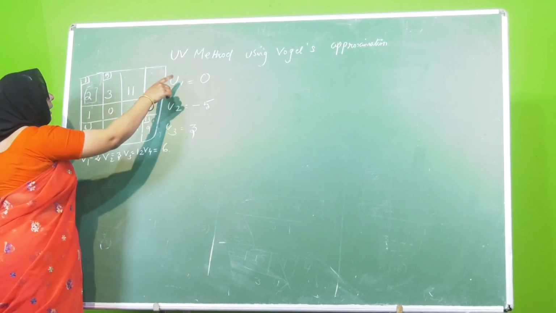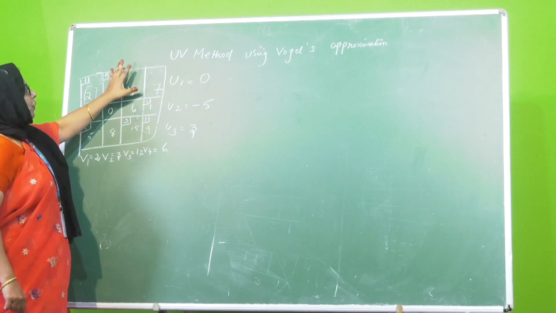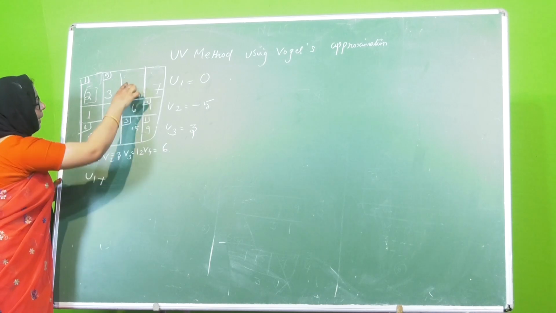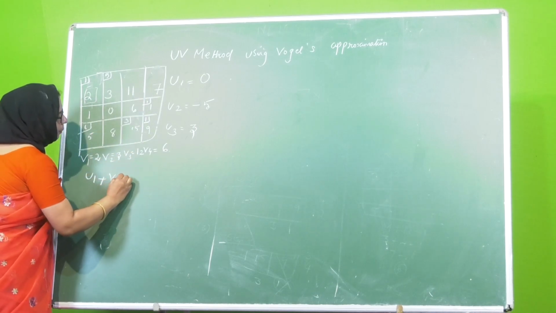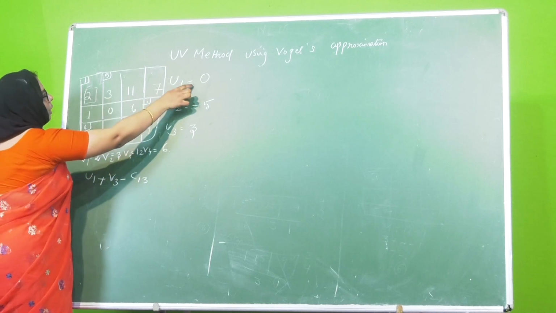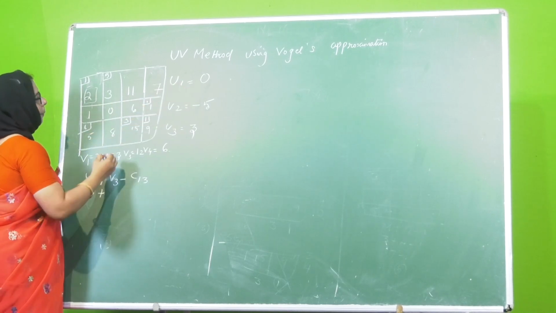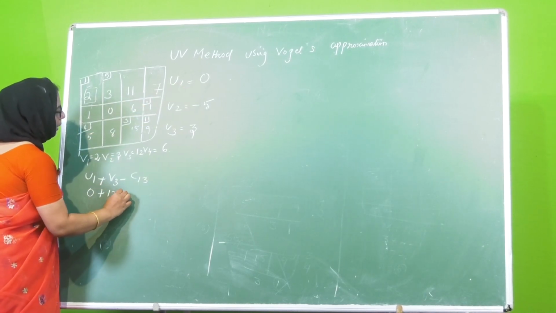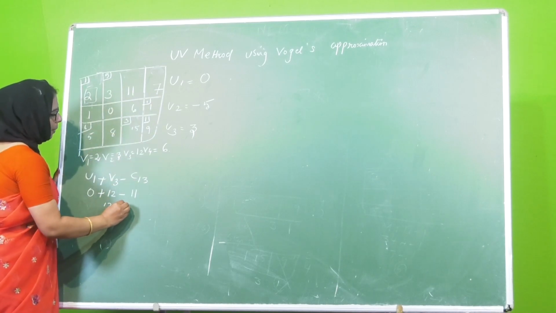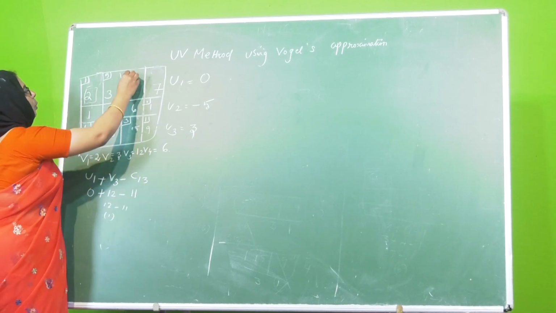Okay. So now we find the dummy allocation. So which place is there? That is U1 plus V3 minus C13. U1 value is 0 plus V3 value is 12 minus C13 is 11. That is 12 minus 11, 1.